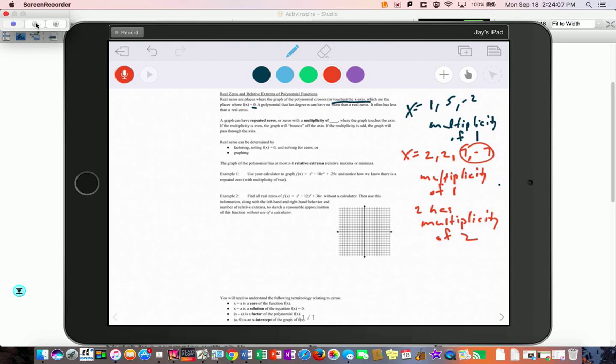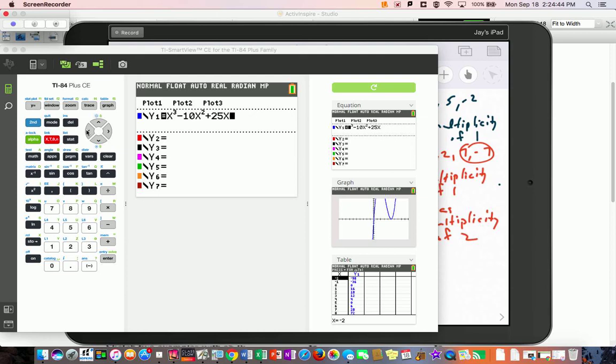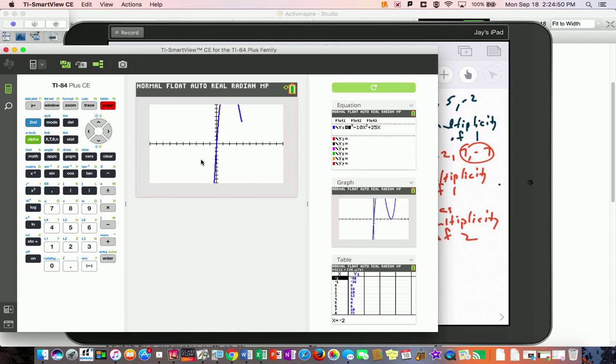So what we're going to do is go to a graphing calculator and we're going to type in this function. So on my calculator now I have this equation typed in, and we're going to go ahead and look at the graph. And it's this S-shaped curve, and I can kind of see right here that the graph passes through, whereas over here it bounces.